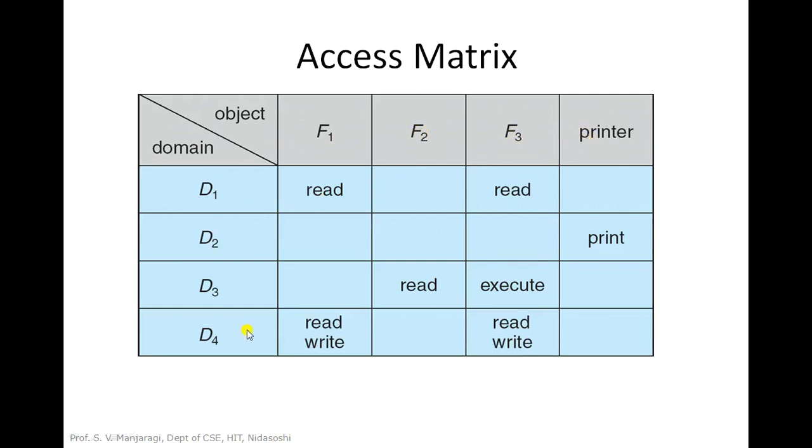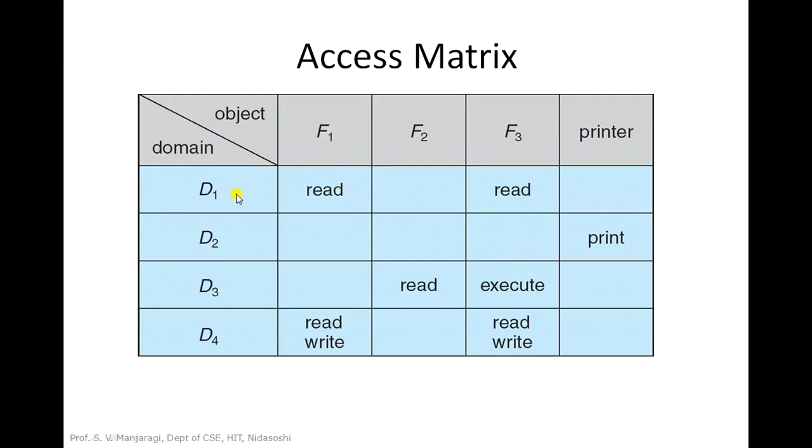It means the rows are indicating the different domains and the columns are indicating the different objects in the system, and this matrix is providing the access rights for the processes which are executing in the domain on the different objects. For example, the processes that exist in domain D1 have read permission on F1.